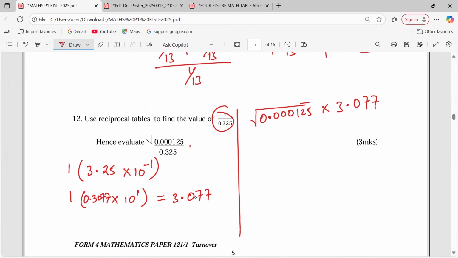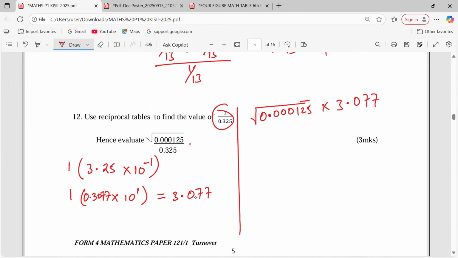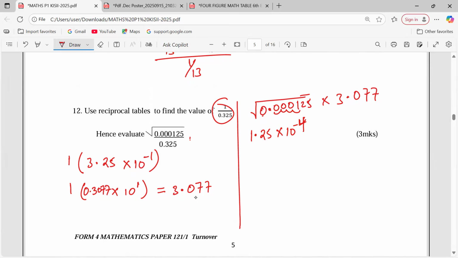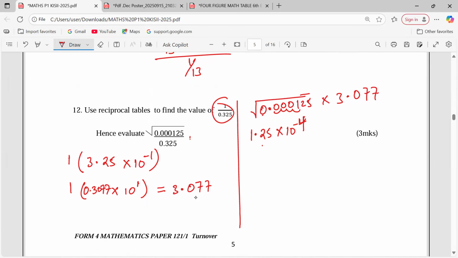How can we get square roots? Again, from the math tables. We need to talk about standard form: 1.25 times 10 to the power of negative 4. Is that negative 4? Yes, 1, 2, 3, 4. Exactly. So now this should be obtained from the table. Square root of 1.25.